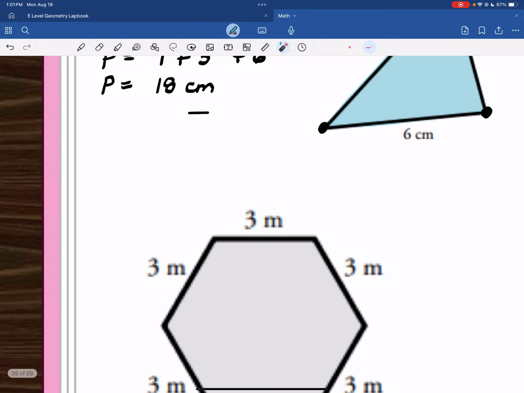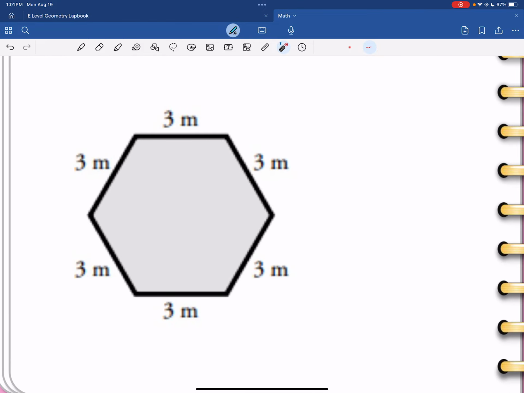Okay, here is another shape. Let's see if we can figure out. This is a regular shape because it has all equal sides. So we would call this a regular. 1, 2, 3, 4, 5, 6. That's a hexagon.